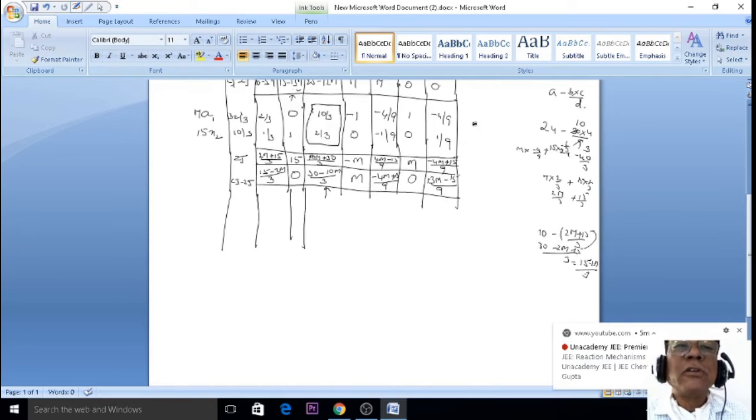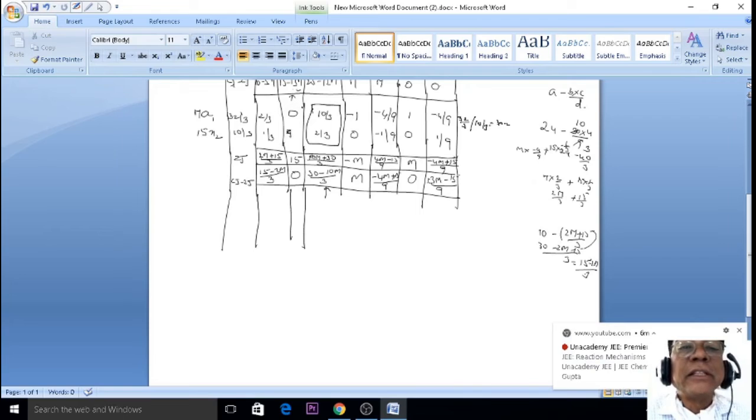How to calculate the key row values? SV by Kc. 32 divided by 3, divided by 10 by 3. Understand? So the 3 cancels, and 32 by 10 means 3.2, something, whatever it is.